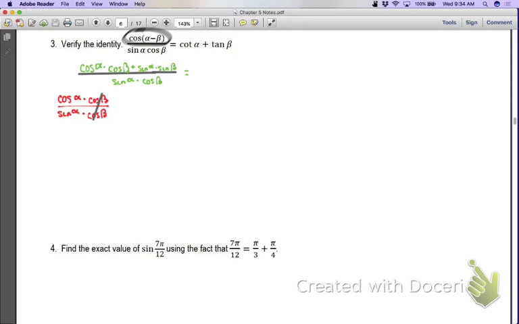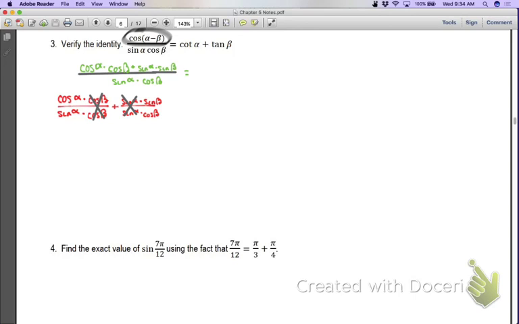Yeah, the cosines are going to cancel, right? Same way, it's still a plus. I'm still going to have sine of alpha times cosine of beta on the bottom, but the top side is sine of alpha times sine of beta. What's going to happen in that one? The sine of alphas are going to cancel, right?